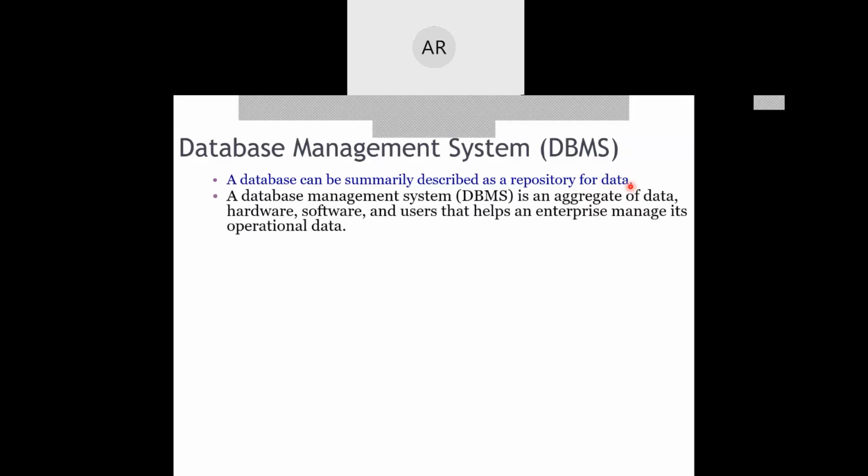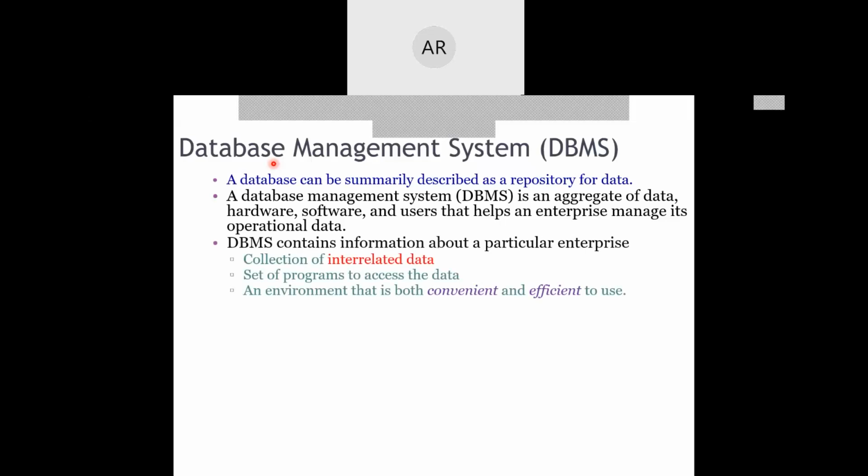So a database management system is composed of two things. The first is the database. The second is a set of management system tools. The management system tools work around the data stored in this repository so that it is retrieved in the most efficient manner and is convenient to use whenever needed. So this is the concept of a database management system.